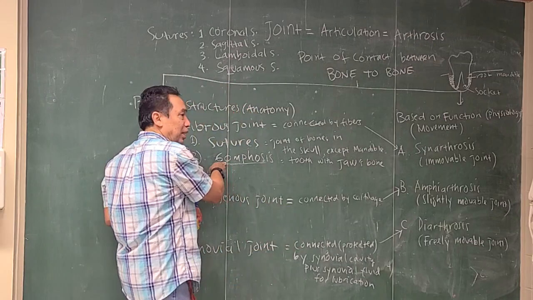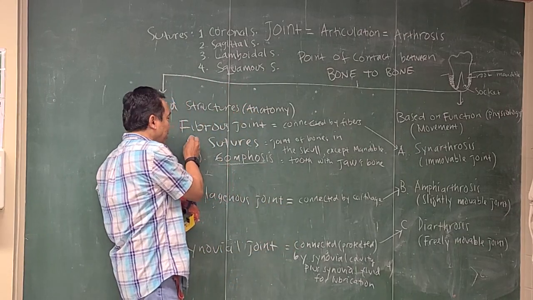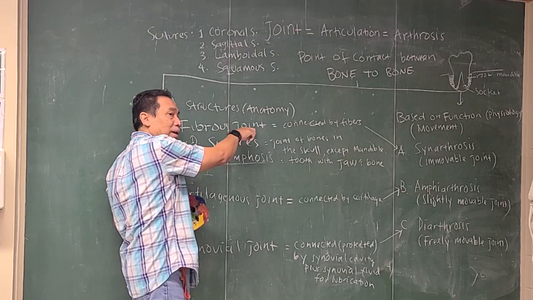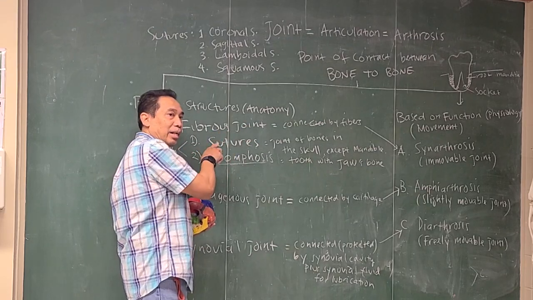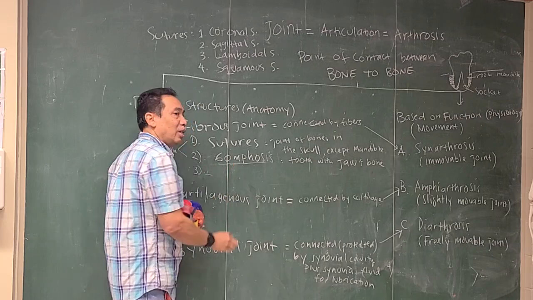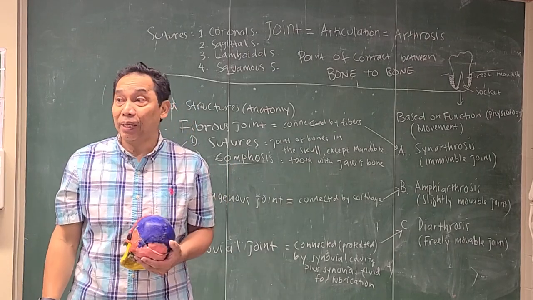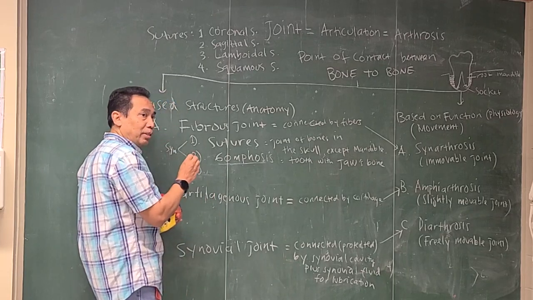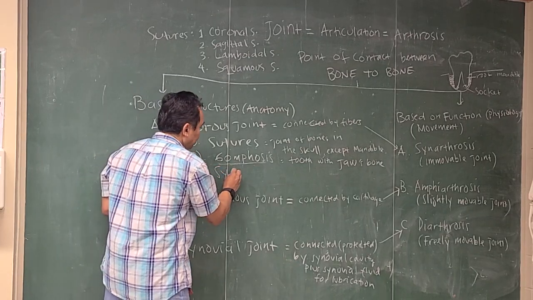So gomphosis is also synarthrosis, right? Therefore, as I mentioned before, most of the fibrous joints are synarthrosis. The last one over here is the exception, not synarthrosis. The name of the last type of fibrous joint is syndesmosis.